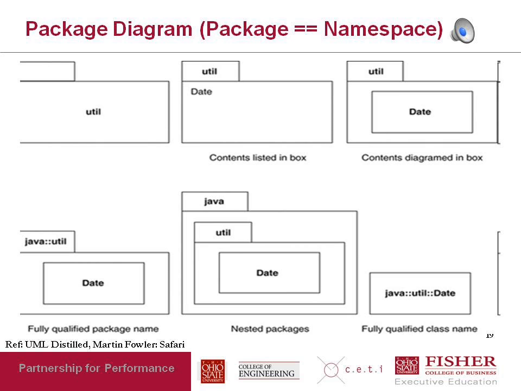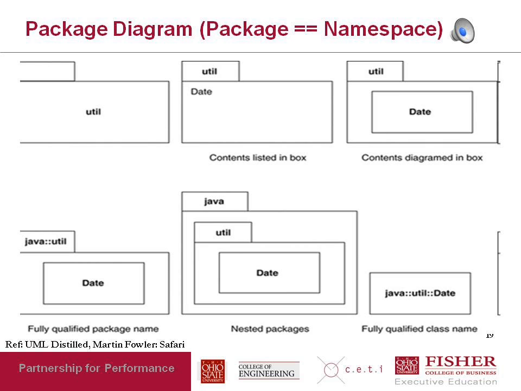A package diagram depicts the dependencies between different pieces that make up a model. So a package diagram can use packages containing use cases to show the functionality of different subsystems within a software system. Package diagrams can also use packages to represent the different layers of a software system to illustrate the layered architecture of a software system.